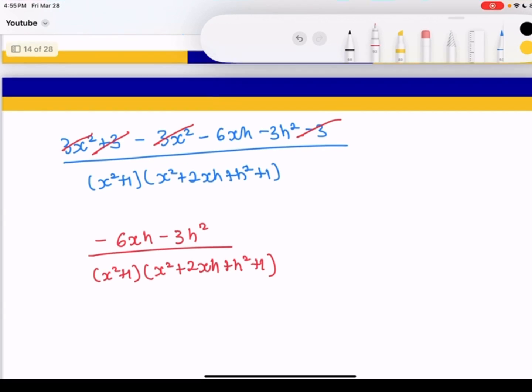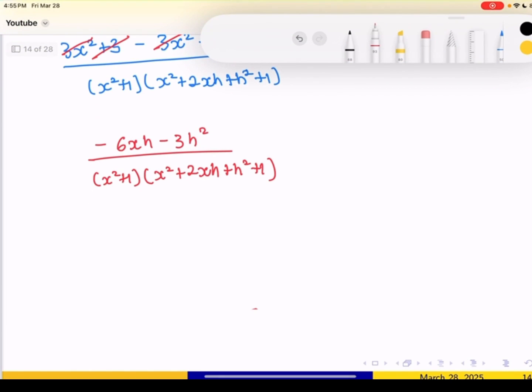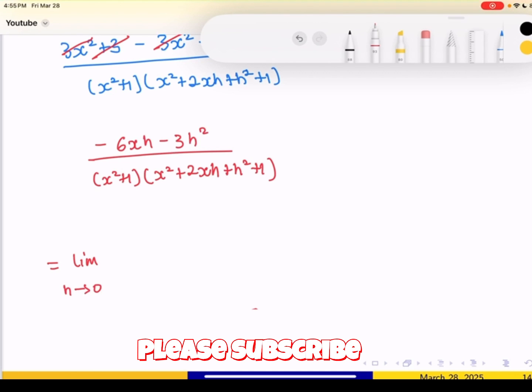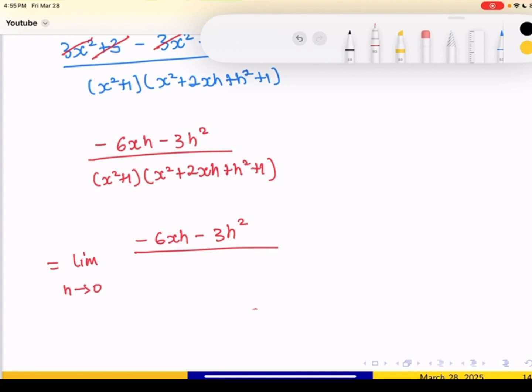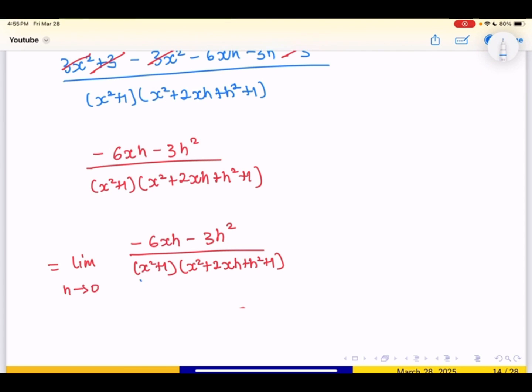So now let's substitute this back into the first principle formula. So we are going to have the limit as h goes to 0 of the numerator, and that's what we just solved to get minus 6xh minus 3h squared, all divided by h.